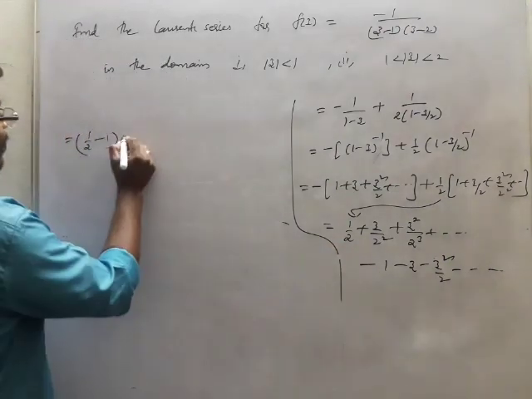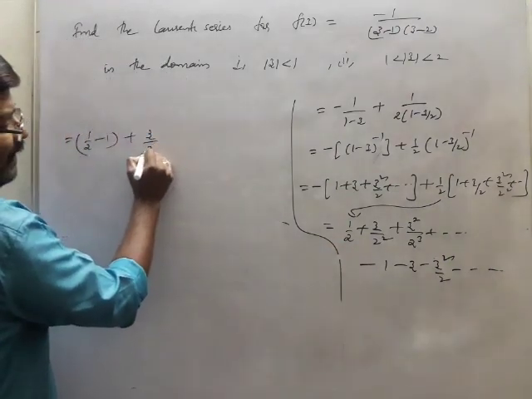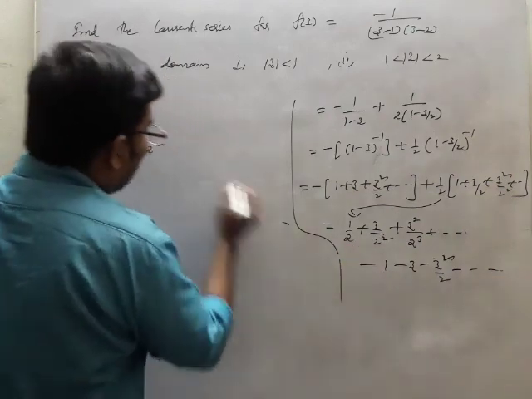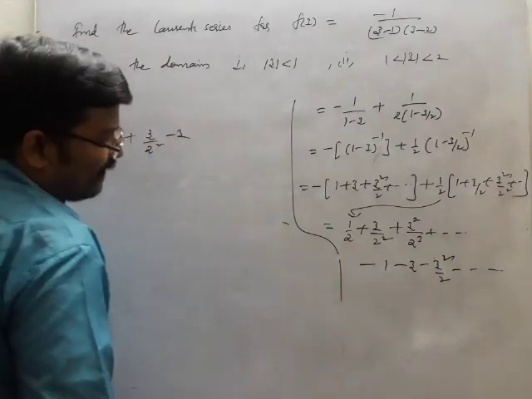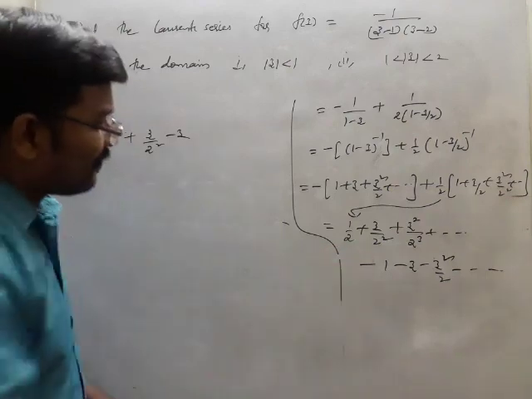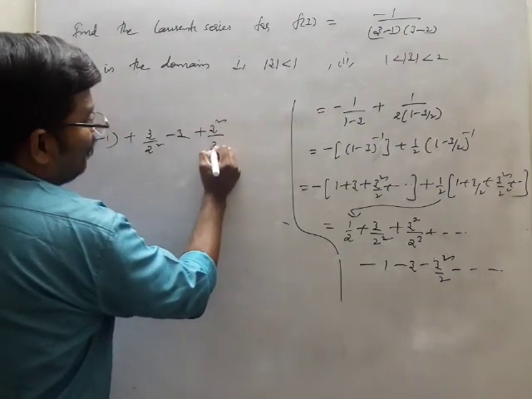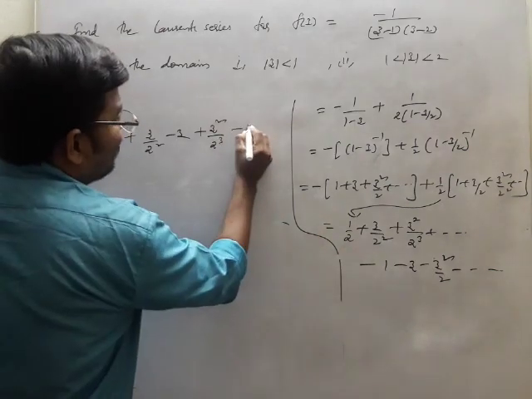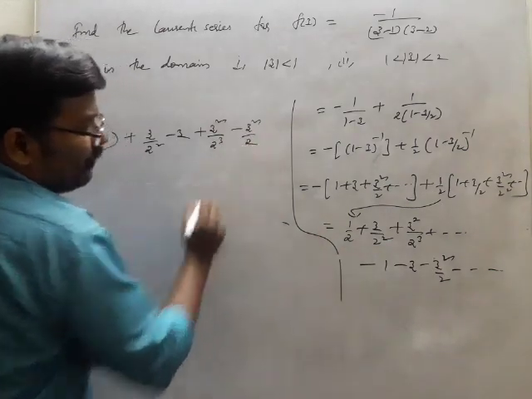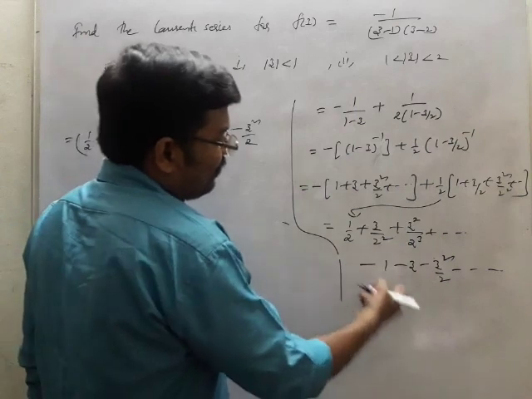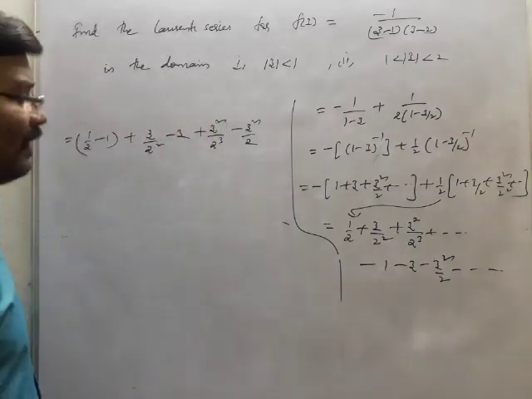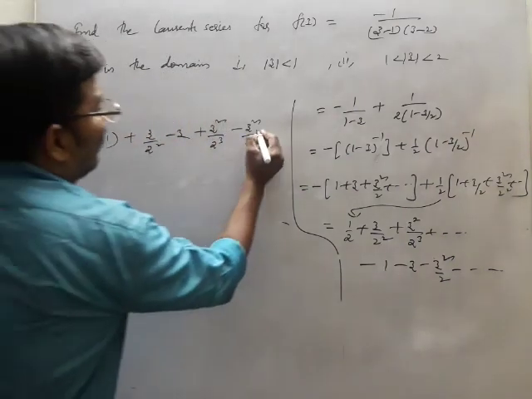Then plus z by 2 square minus z. Then z square by 2 cube minus z square. Clear? Okay, plus and so on.